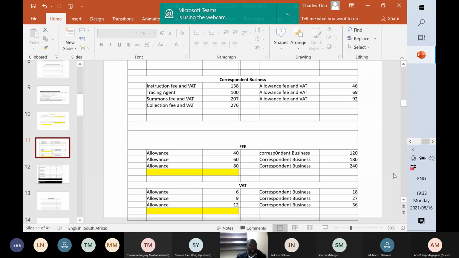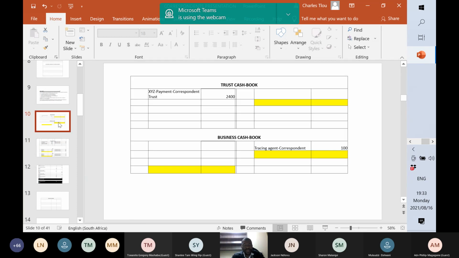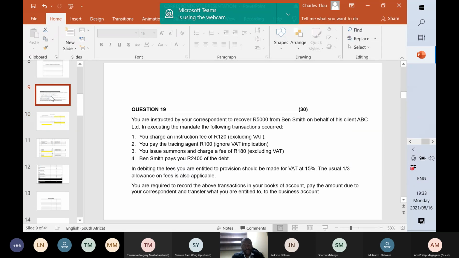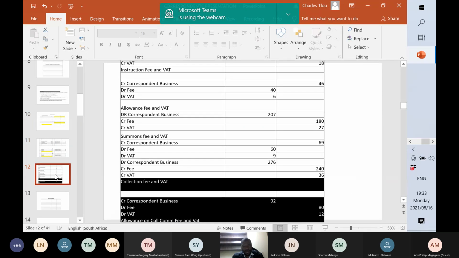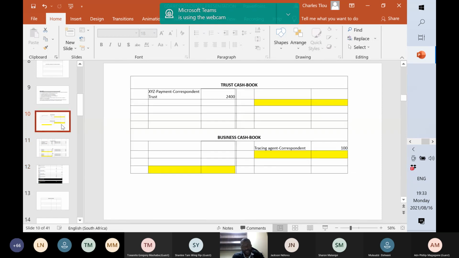Okay, let's proceed now. As I indicated earlier, as you can see, we have recorded everything as per the statement. Now the next question is, what do we do after we have recorded everything as per the statement? The next step that you need to do is to go back to those steps of conveyancing.